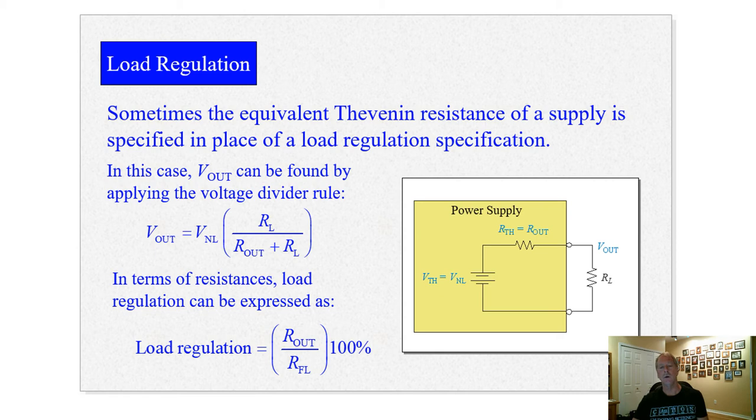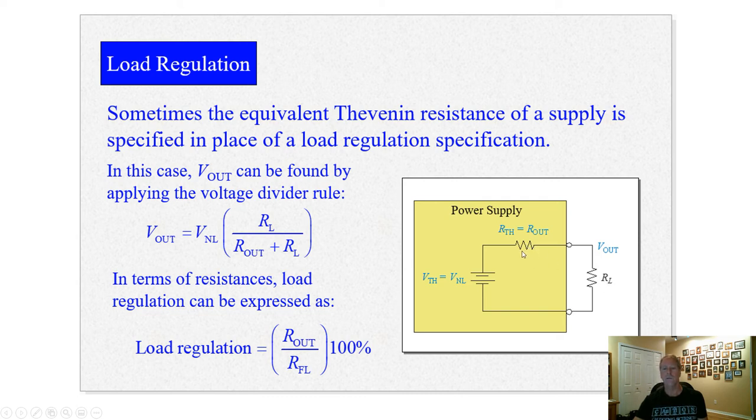Another way to look at load regulation is to come to the realization that all power sources in the real world have a Thevenin output resistance. There's some resistance in the output, and that forms a voltage divider with the load resistor.